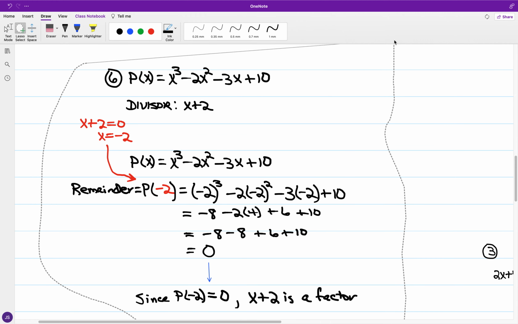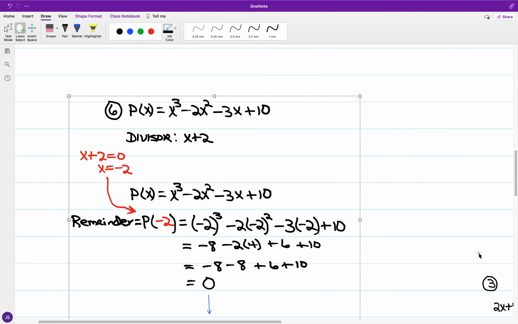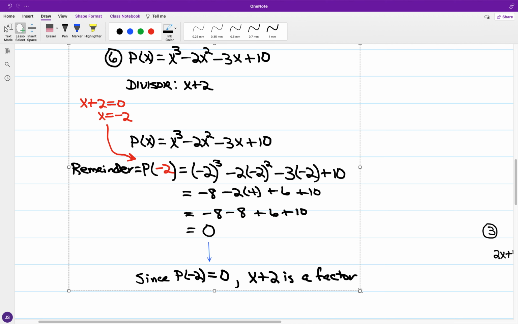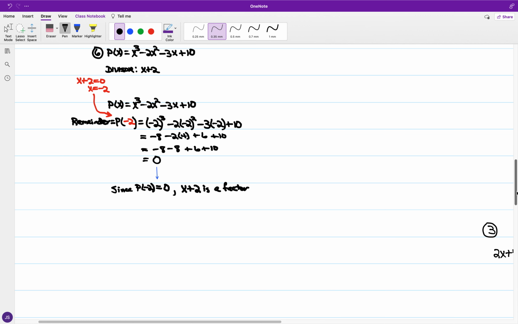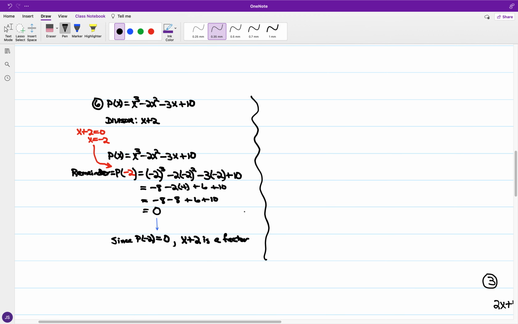But again, if you had in mind the use of synthetic division, I'm going to show you this other approach. If you had in mind the use of synthetic division, this is also going to work. So I have x plus 2, again into x cubed minus 2x squared minus 3x plus 10.